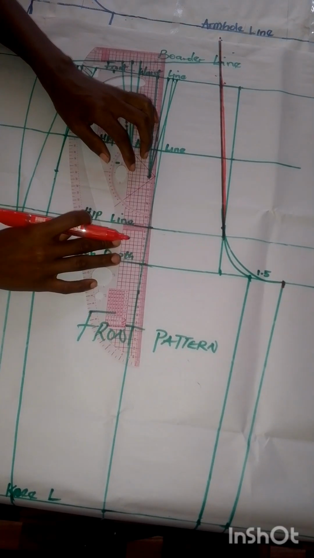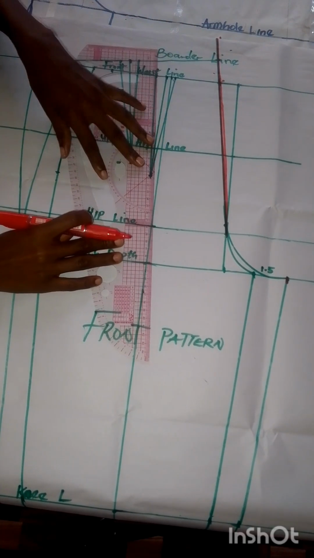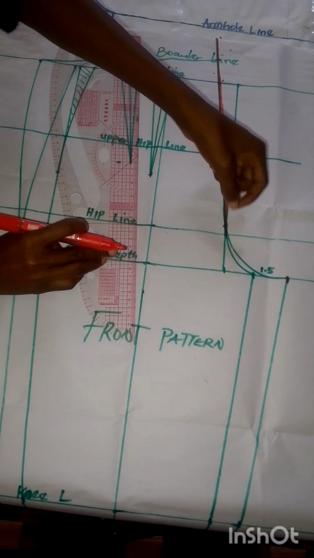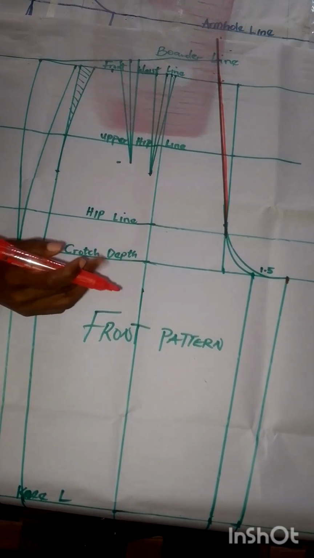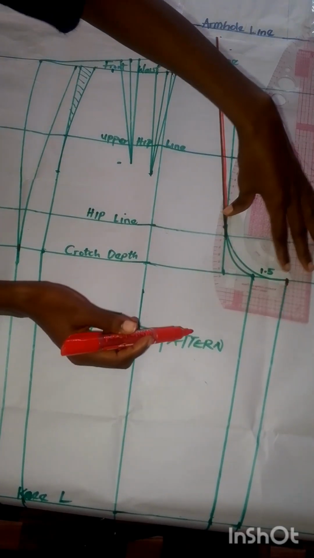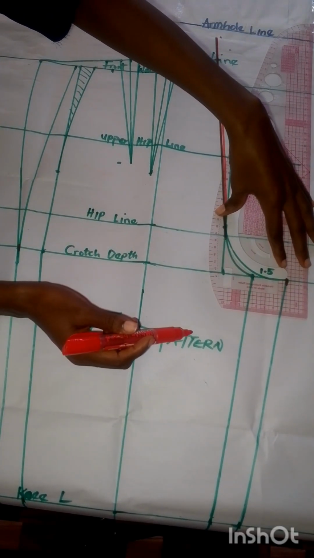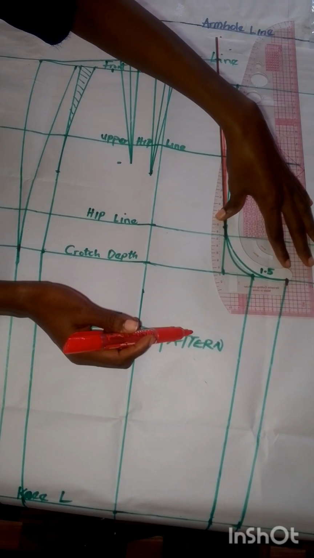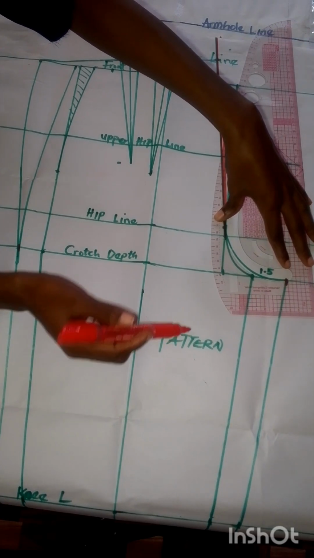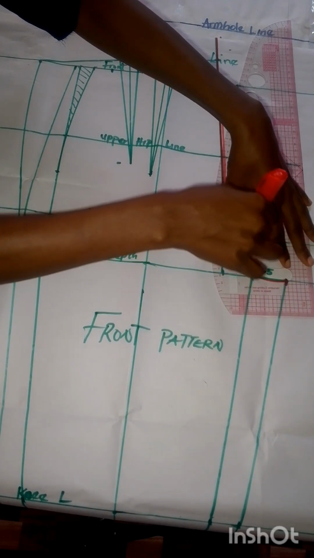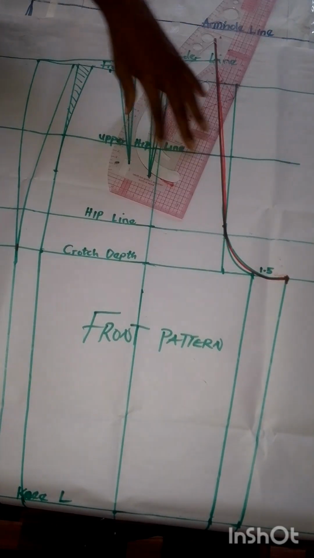like so. Okay, so after connecting it, the next thing we want to do is to connect our crotch to this hip line using this part of our curve ruler, like so. Okay, from that 1.5, we are just going to connect it like so.